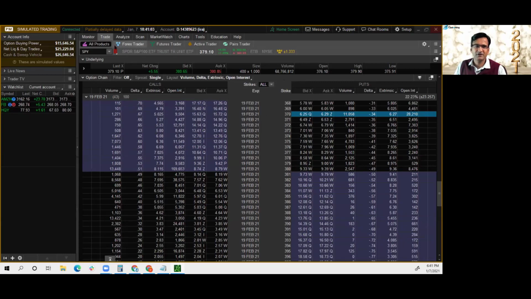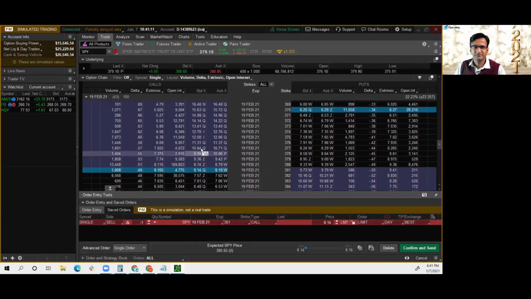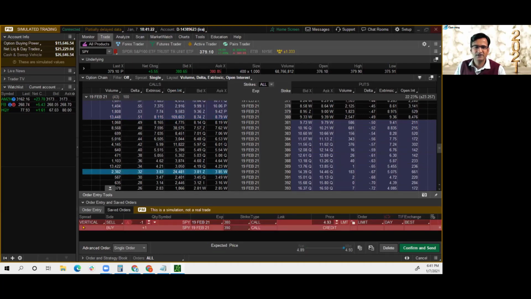So let's take an example on SPY itself. If I have to sell a call spread here, I'll sell a call at 380, to keep it at round figures, and then I'll go further out and buy a call. So this becomes my selling a call spread, or short call spread.